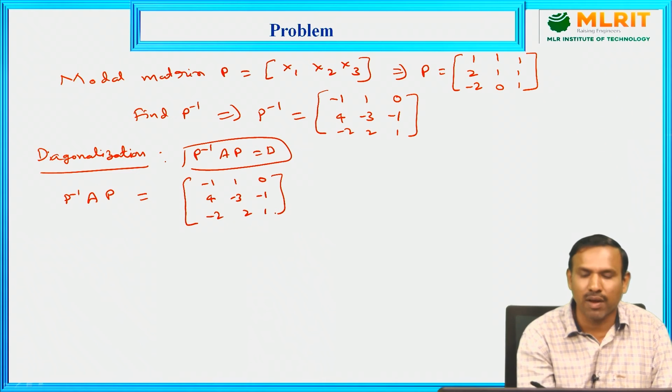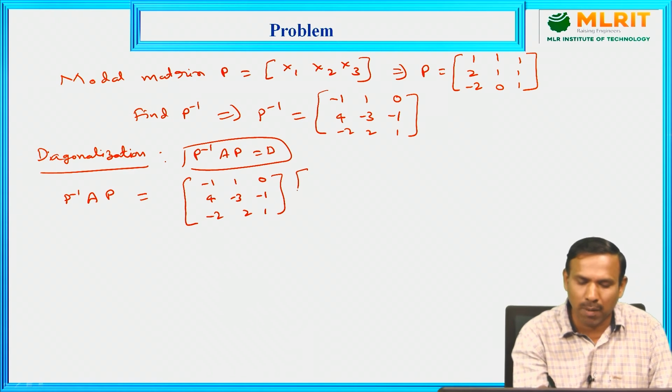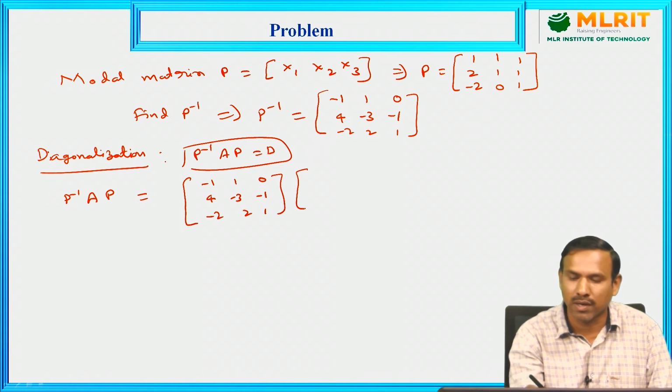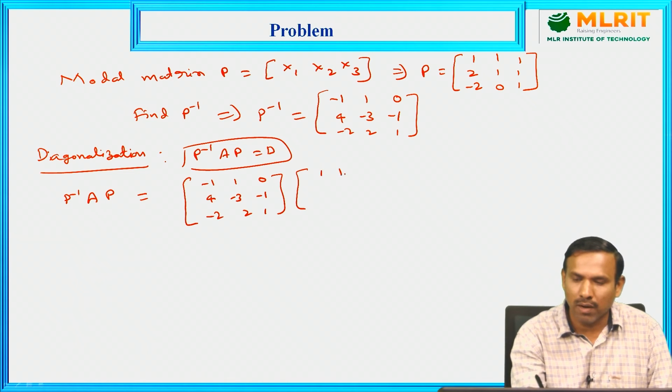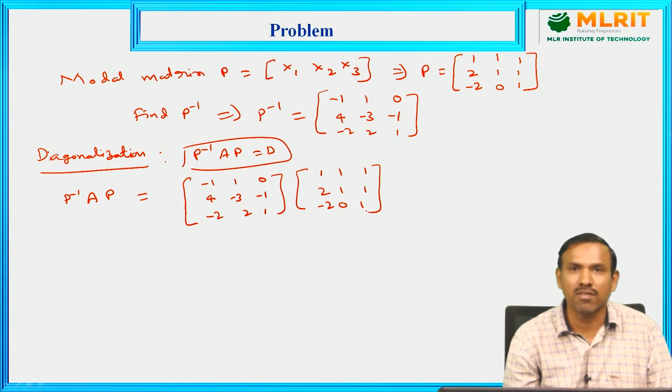And P, the model matrix, is 1, 1, 1, 2, 1, 1, minus 2, 0, 1.